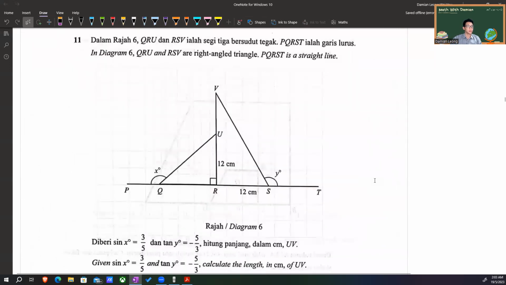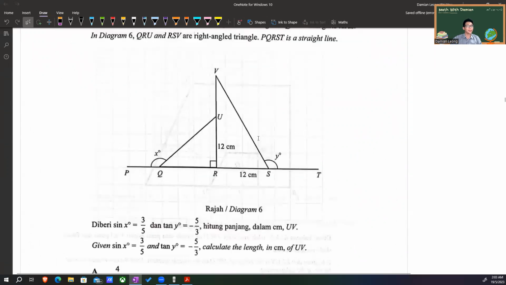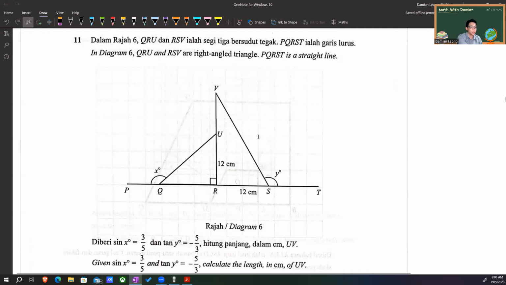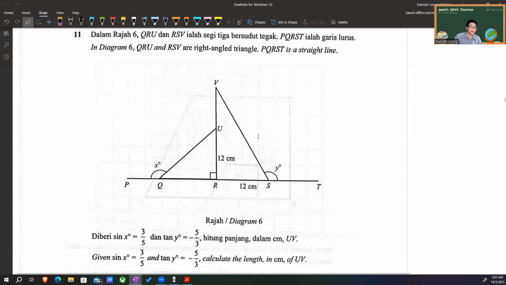Question 11. So I have two right angled triangles. PQRSC is a straight line. So given sine x is 3/5, tangent y is -5/3. So negative actually is just because it's a quadrant 2 angle. Both of these I refer to here and here.